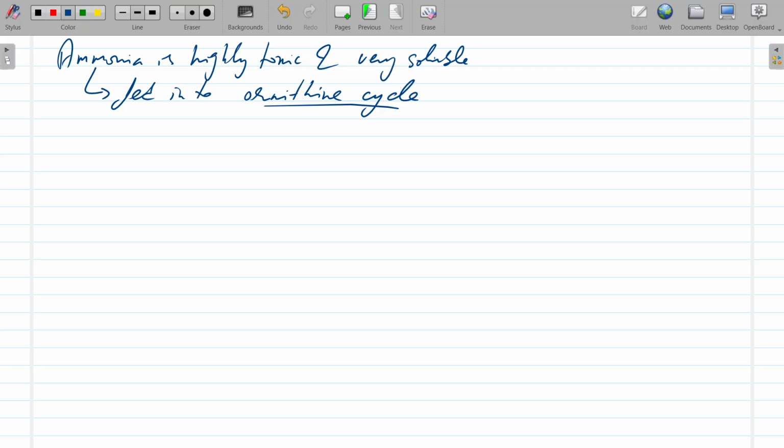Now, the way they've given the ornithine cycle, they haven't given any intermediates or any chemical reactions or any steps of how this happens in the body. The only thing they've given is you've got ammonia, which is coming from amino acids.